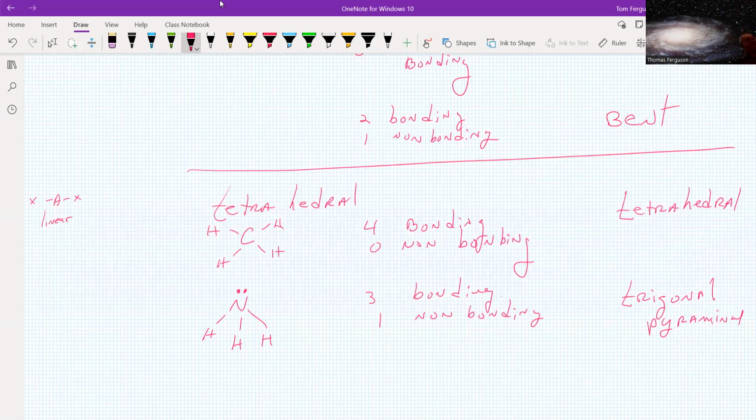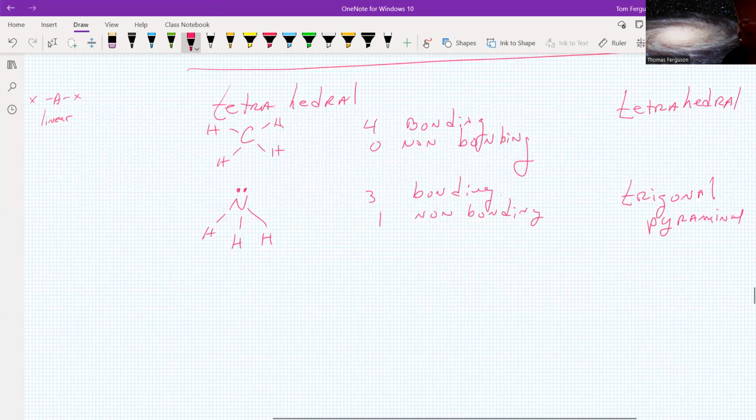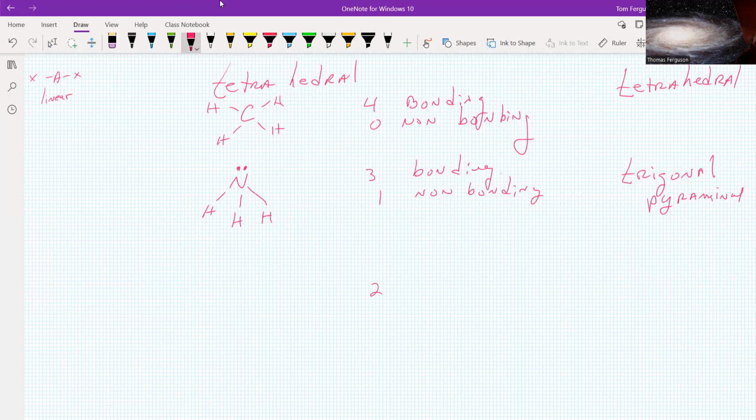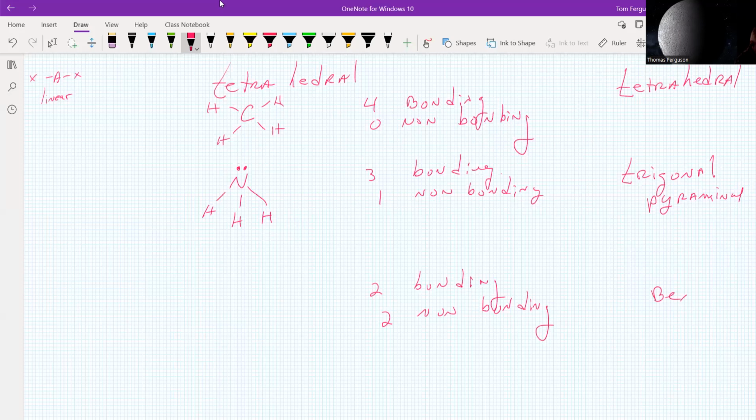So it's sort of going to look like a pyramid, except it's going to have three sides rather than four sides. And then if we have two bonding, two non-bonding, we have bent again. And a good example of that is good old water.